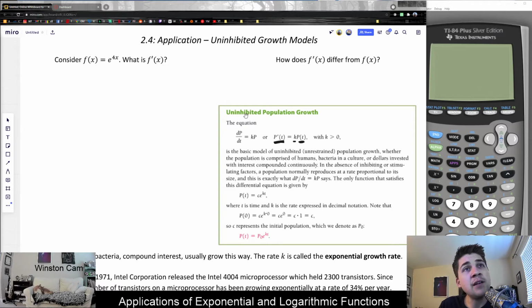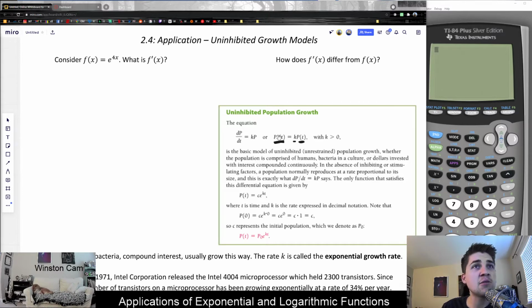Basically, uninhibited growth should grow. The derivative gives you the growth rate of the function itself. And what it's saying is that the rate of growth should be equal to the original size of the population times k, where k would be the growth rate. If P represents a population of people, for example, the more people that you have, the larger P of t would be, and we'd expect the growth rate to be larger as well.